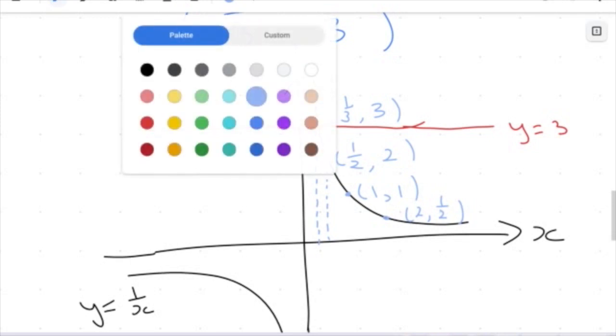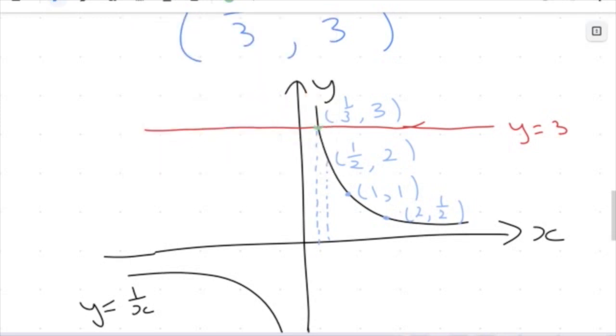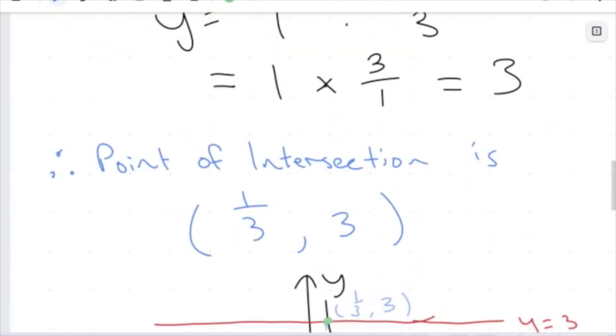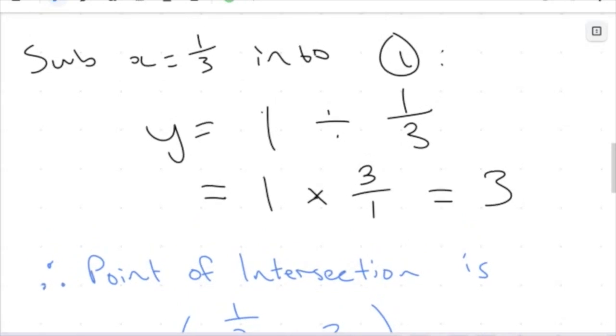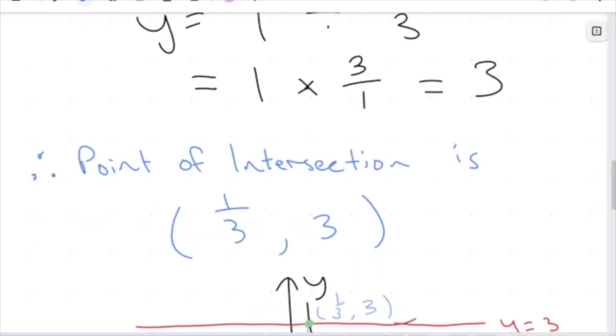And this is the intersection point between the two, where my hyperbola meets my line. And I can also see that from when I substituted in x equals 1/3 into my hyperbola equation, y equals 1 over x, I also got 3 in the y as well.